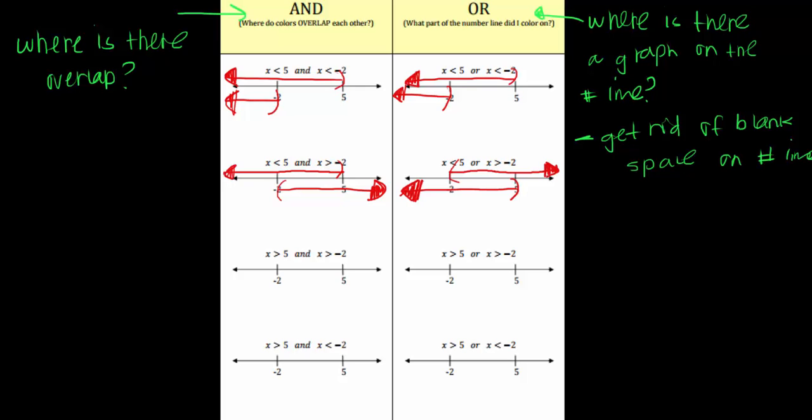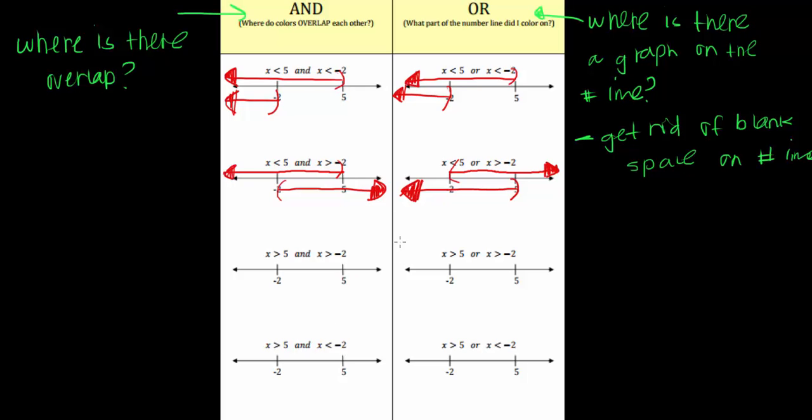Now notice with the one on the right, I put x is greater than -2 on top of the number line, and I put x is less than 5 on the bottom of the number line. It doesn't matter which inequality I put on the top or the bottom. I really don't even have to put them both on opposite sides. I could put both the graphs on the top or both the graphs on the bottom. I just do this for a visual. So again, it doesn't matter which one goes on top or bottom. It will give you the same answer for your solution.